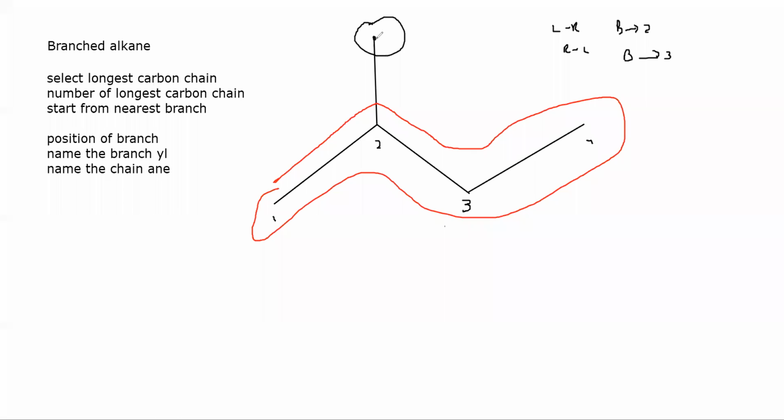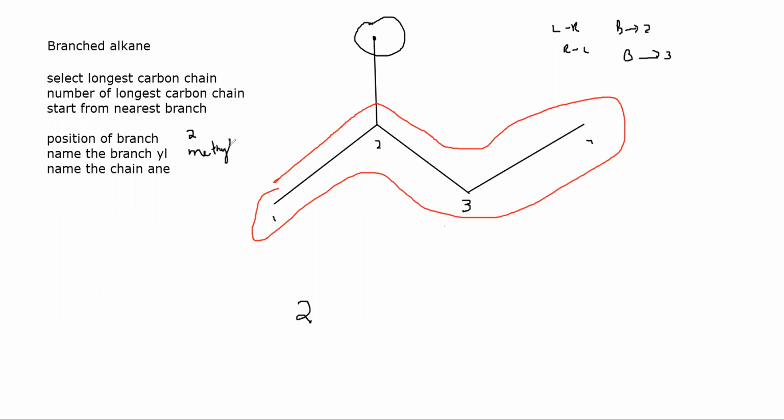You can see this carbon is outside the chain. So only one carbon in the branch. And what is the position of the branch? Second position, we have a branch. So we write 2, that's the position of the branch. How many carbon atoms in the branch? One carbon atom in the branch, that's why we call it meth.